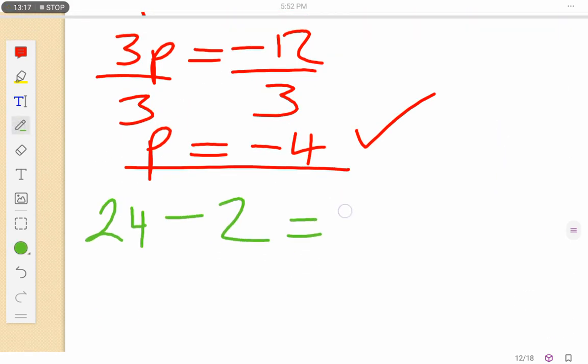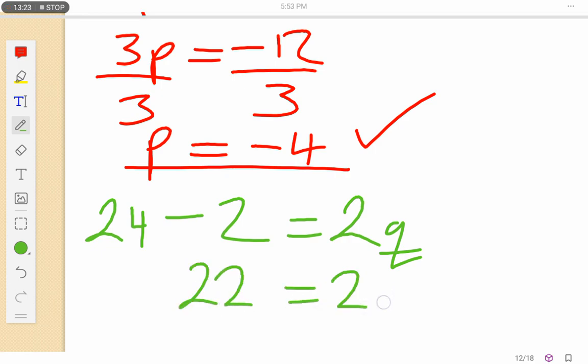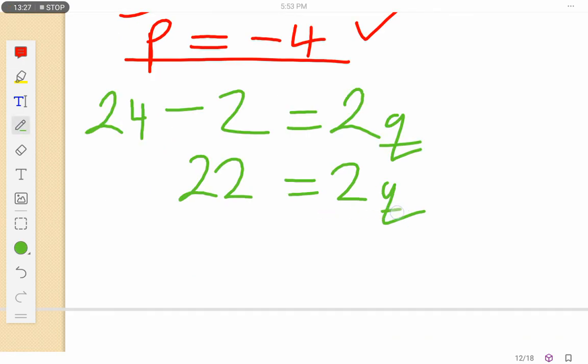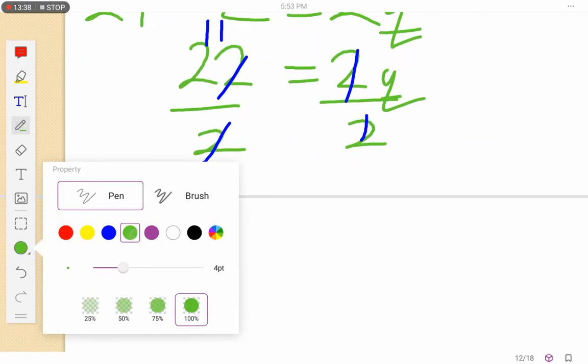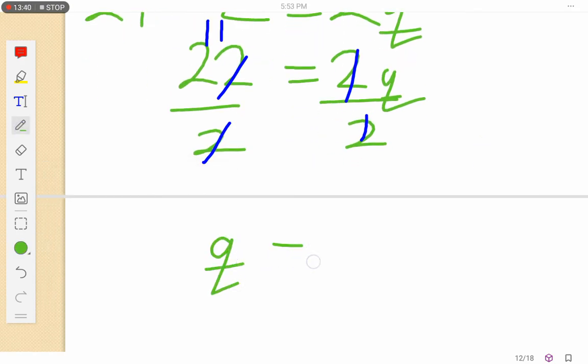Okay, 24 minus 2, we get 22 is equal to 2q. Okay, and if 2 by 2, we get our q as 11. Okay, so our q value there is equal to 11. So that's how you solve these questions, guys.